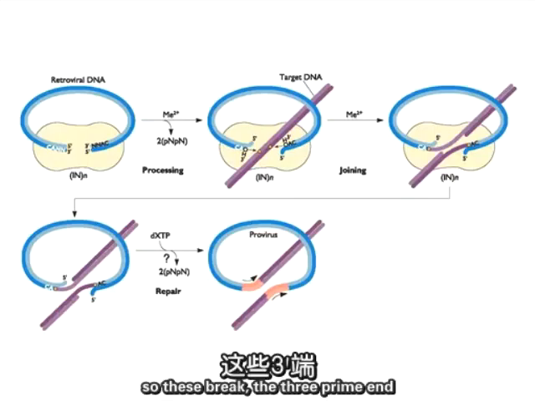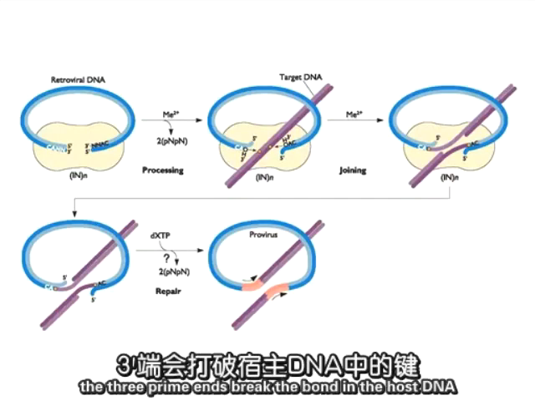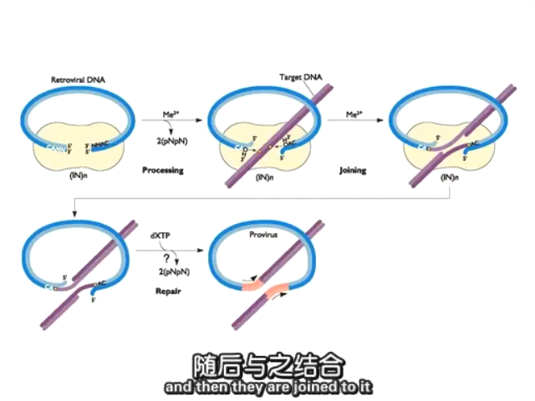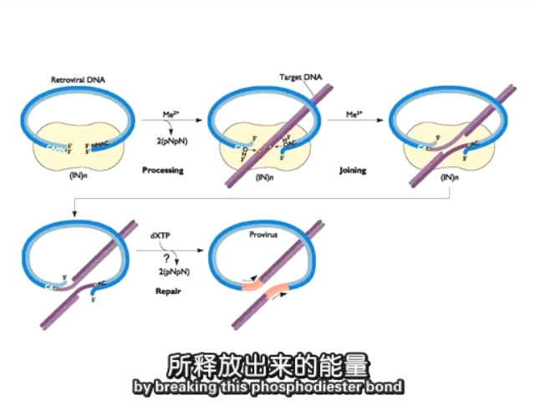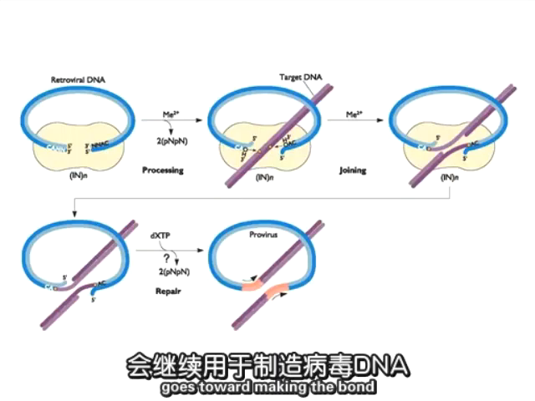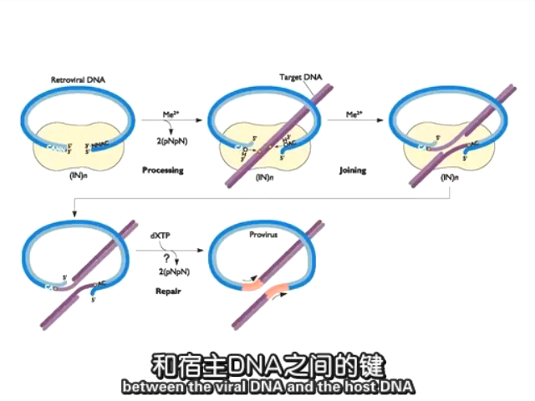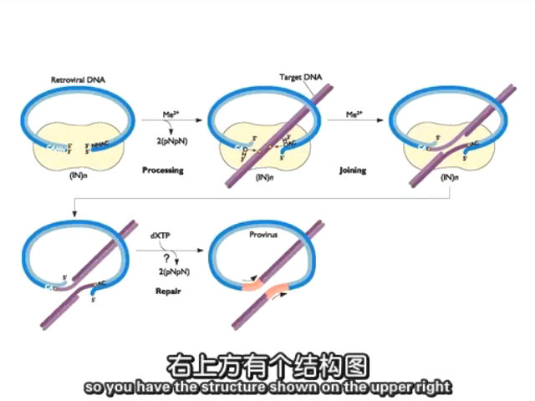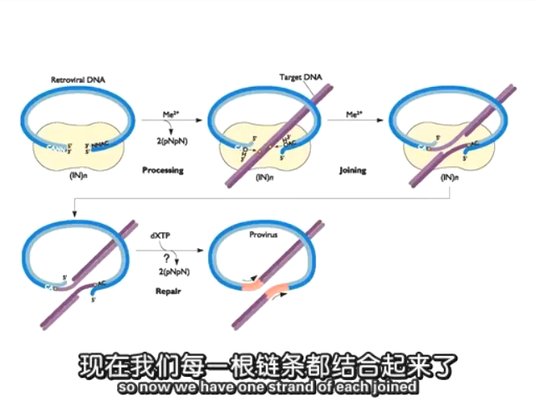So these 3' ends break the bond in the host DNA, and then they are joined to it. And in fact, the energy released by breaking this phosphodiester bond goes towards making the bond between the viral DNA and the host DNA. So you have the structure shown on the upper right. So now we have 1 strand of each joined.